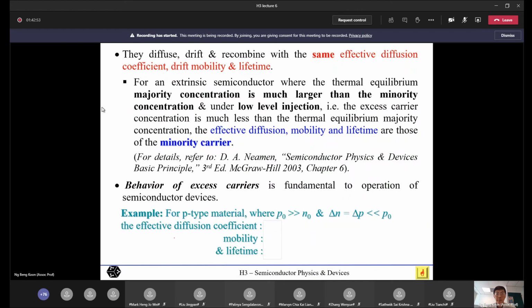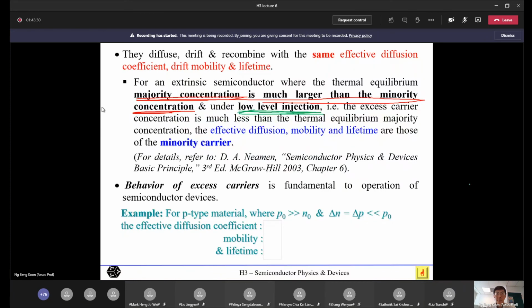The second assumption is that the non-equilibrium condition is what we call a low-level injection condition, meaning that the extra carrier that we introduced into the semiconductor is significantly less than the majority carrier concentration.